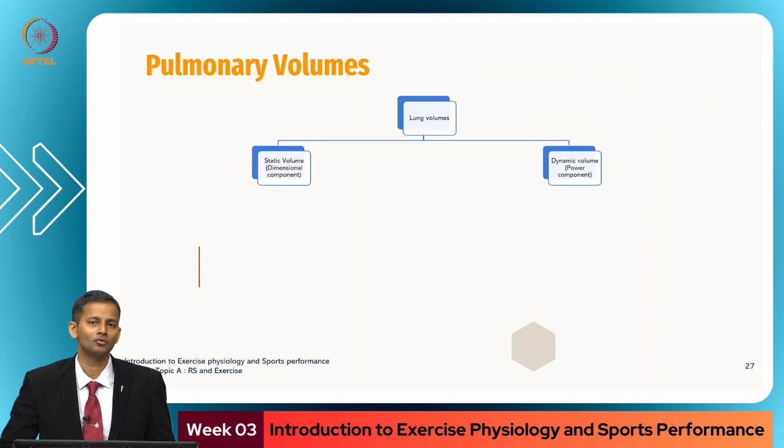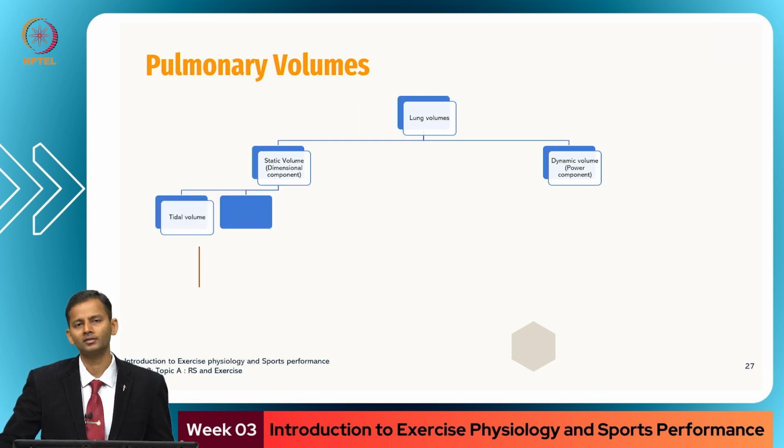Further, the lung volume, for ease of understanding, is divided into two components, static and dynamic. The static volume depicts more of a dimensional aspect, and the dynamic volume depicts the performance capacity of the lung during inspiration and expiration. Let's see the different subdivisions in both these groups.